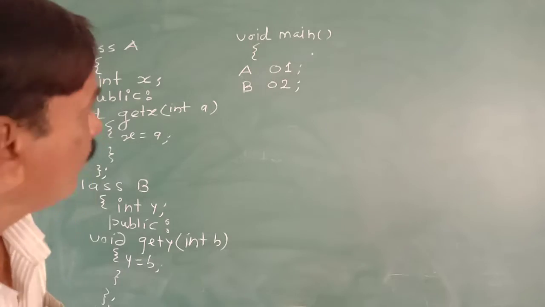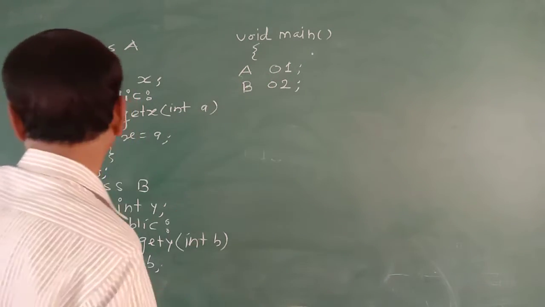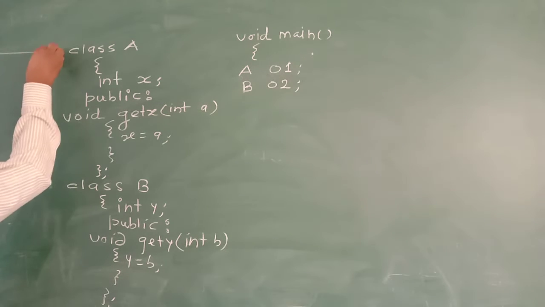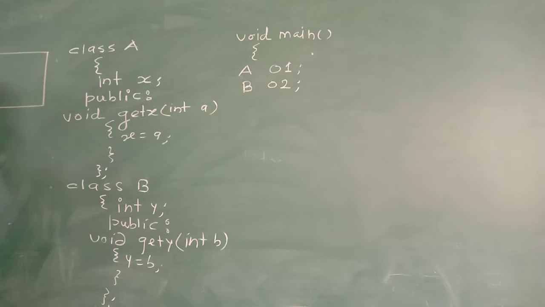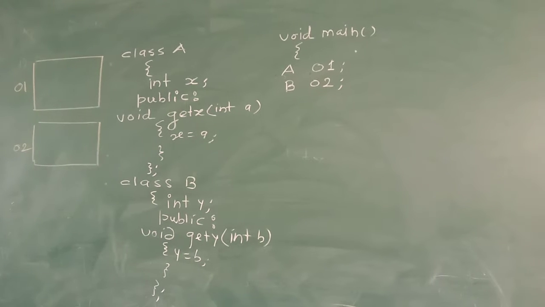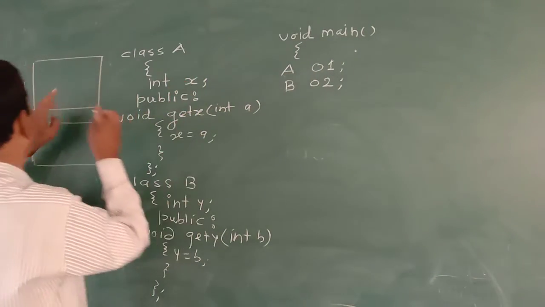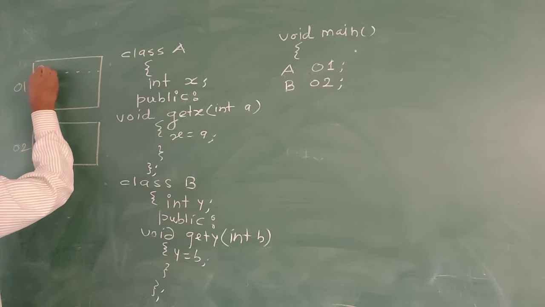Object O1 belongs to class A, object O2 belongs to class B. O1 belongs to class A, which consists of data member x and function member get x.